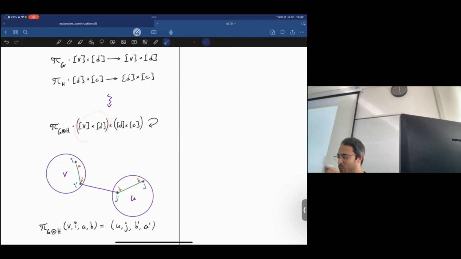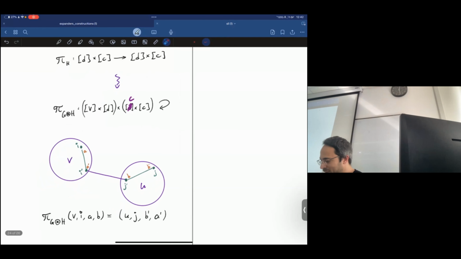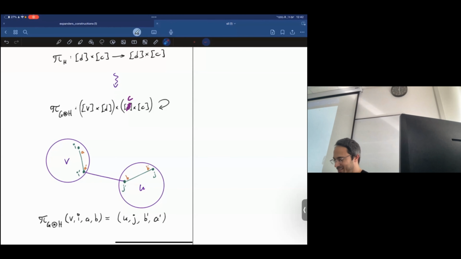That's the cloud name and that's the neighbor inside it, like here V and I. And the degree is actually c times c. I told you I wrote it today. So the degree of the zigzag graph is the square of the degree of the small graph. D times C is something else. It's like the randomized squaring. Never mind. So that's just the types.